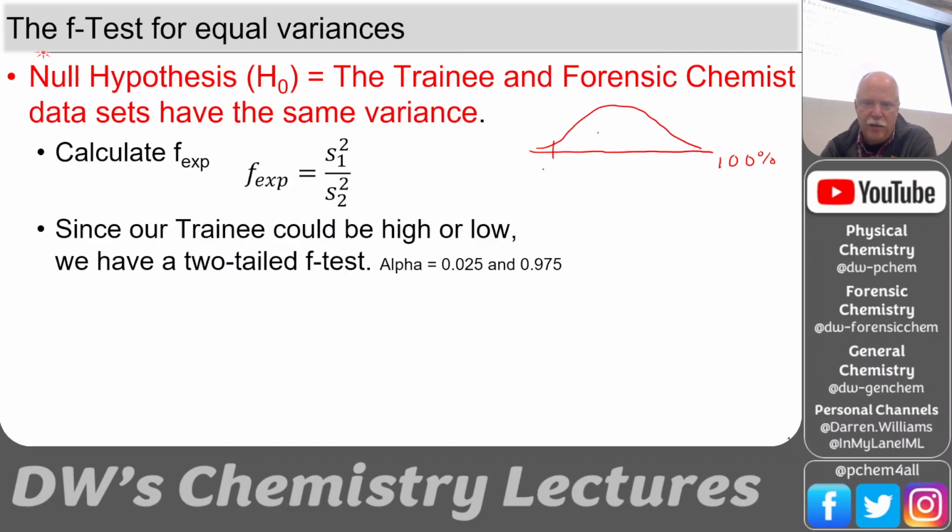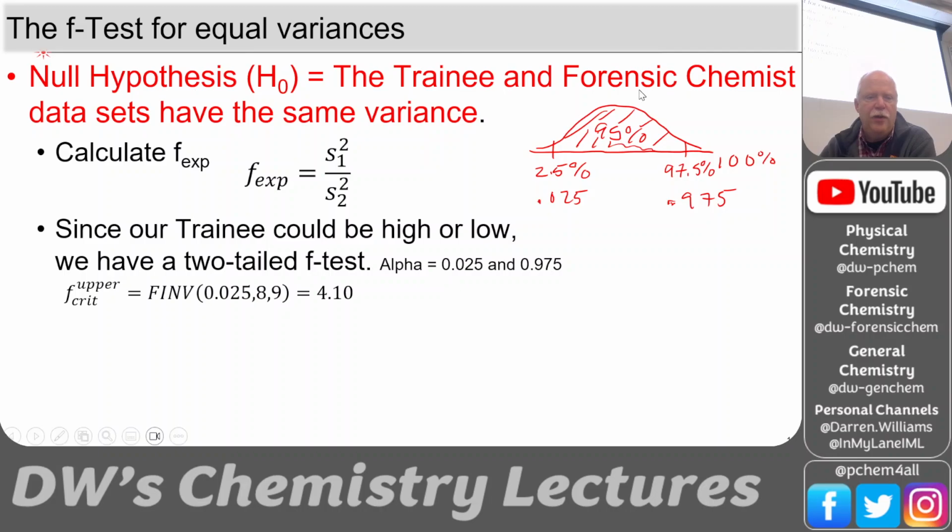So we've got 2.5% here and 97.5% here. And then the middle part is 95% in this area. So that's what the 0.025 is and the 0.975 is. It's those two limits. And so here's the upper critical value.